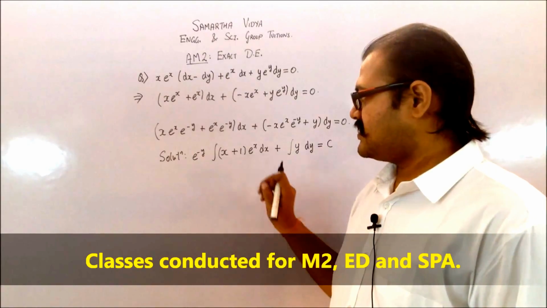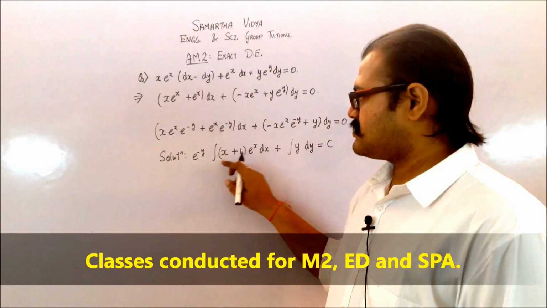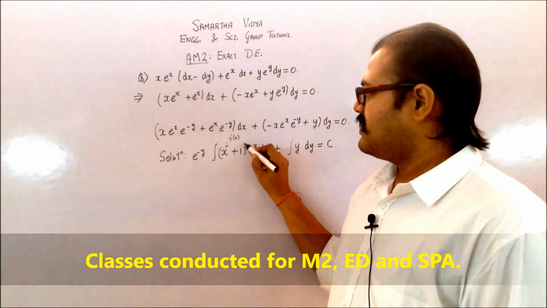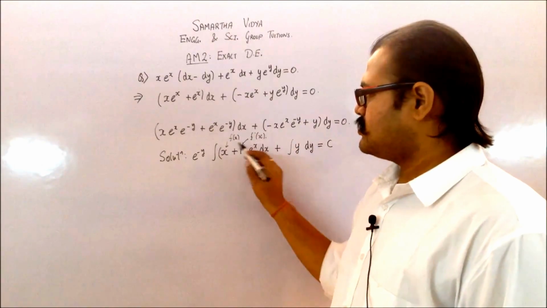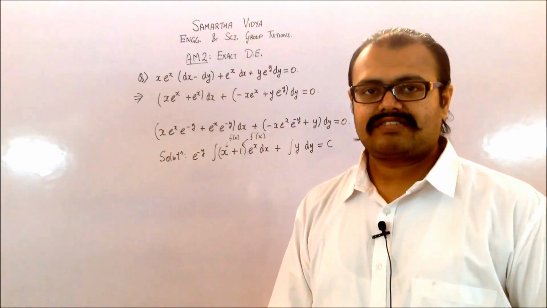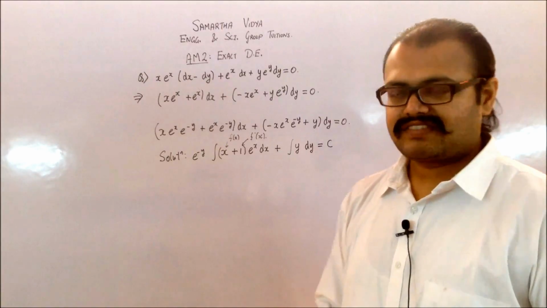Now from the first integration you can see that it is e raised to x into x plus 1. So if I consider this as function of x, the derivative of that is present over here. So this is of the type e raised to x into f of x plus f dash of x, whose integration is going to be e raised to x into f of x.